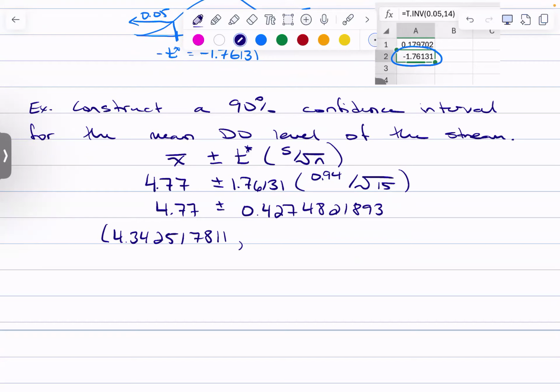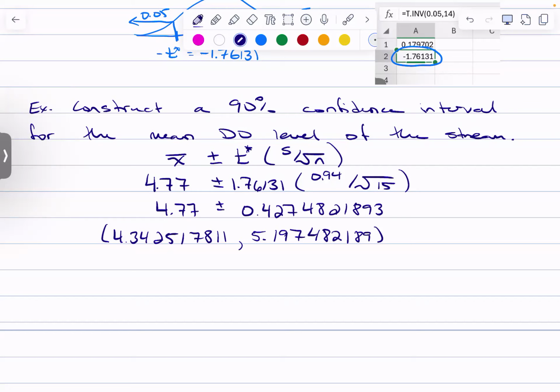Now I've used rounded values, and so as a general rule, you can round to the same number of decimal places that you were given, right? 2 decimal places. And 4.77 plus that little guy up to 5.197482189.